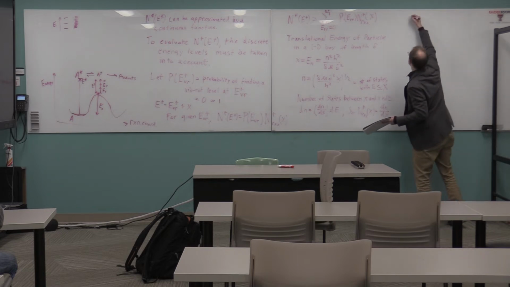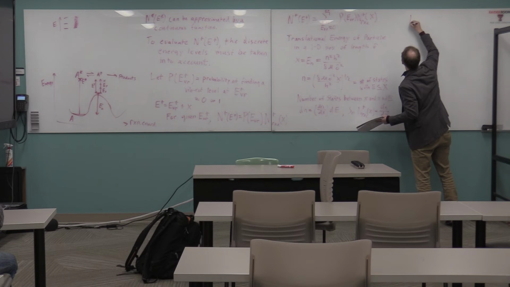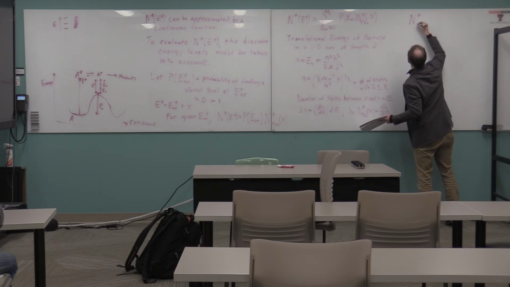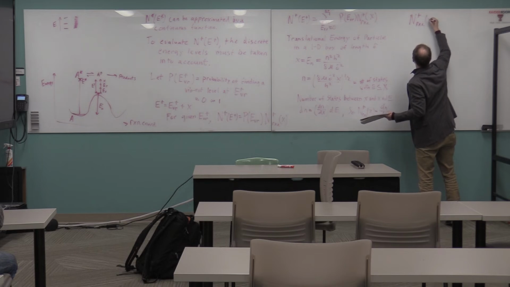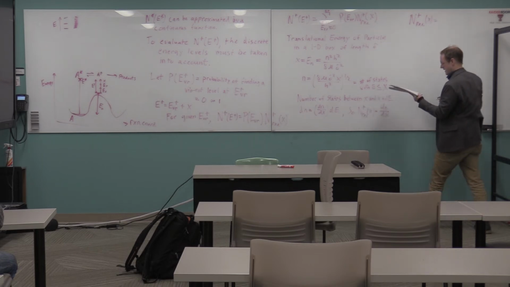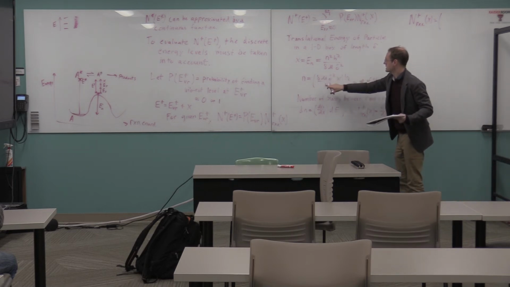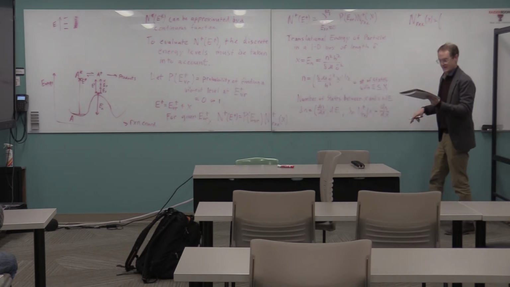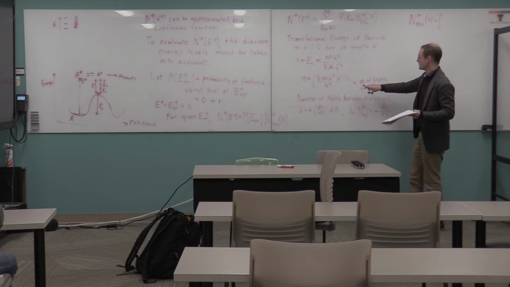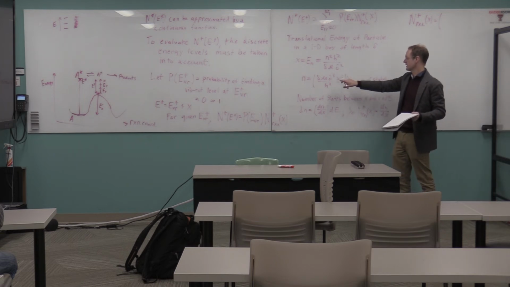Okay, so the density of translational states along the reaction coordinate, this function is basically just a constant times x to the 1/2. And so when you take the derivative, you get a constant times x to the -1/2 divided by 2.